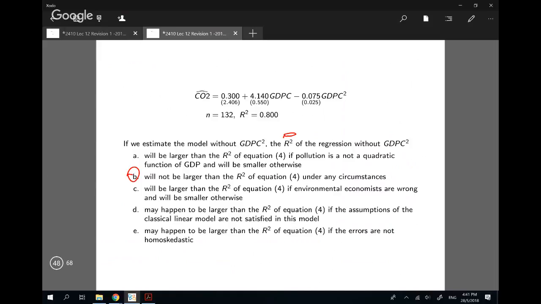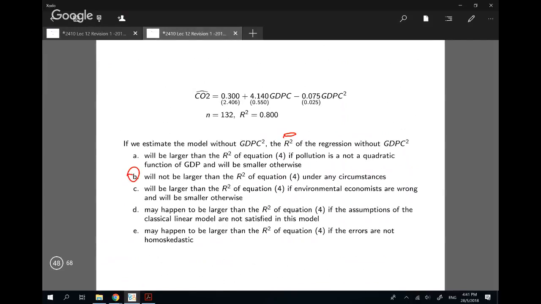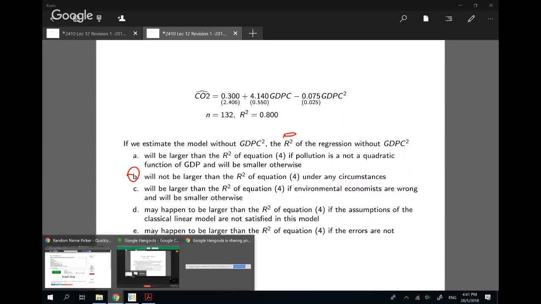Because R square, no matter what you add, reasonable or nonsensical, will still increase. Adjusted R square can decrease even if you add nonsensical variables. So B should be correct: it will not be larger than R square under any circumstances.